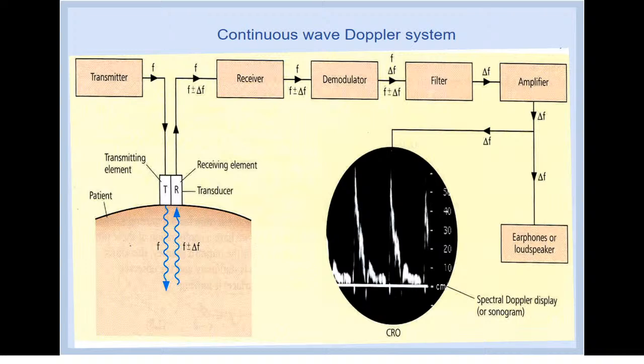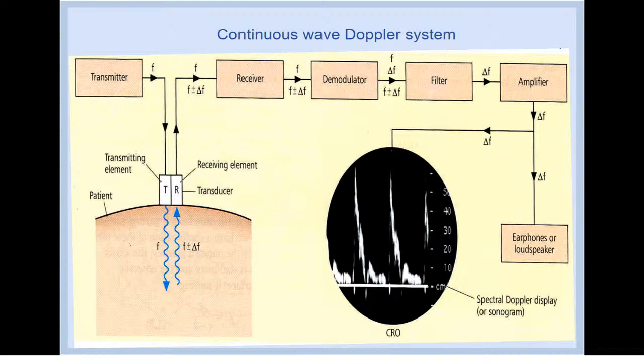Here you can see the continuous wave Doppler system, a simple system for measuring the velocity of body structures. The transmitter provides a continuous voltage output of constant amplitude and frequency, the latter generally being about 2-5 MHz.